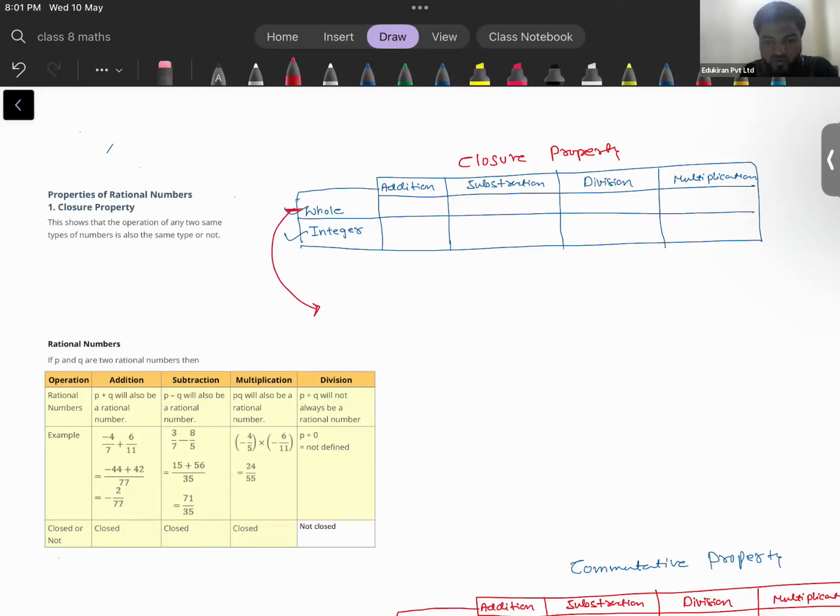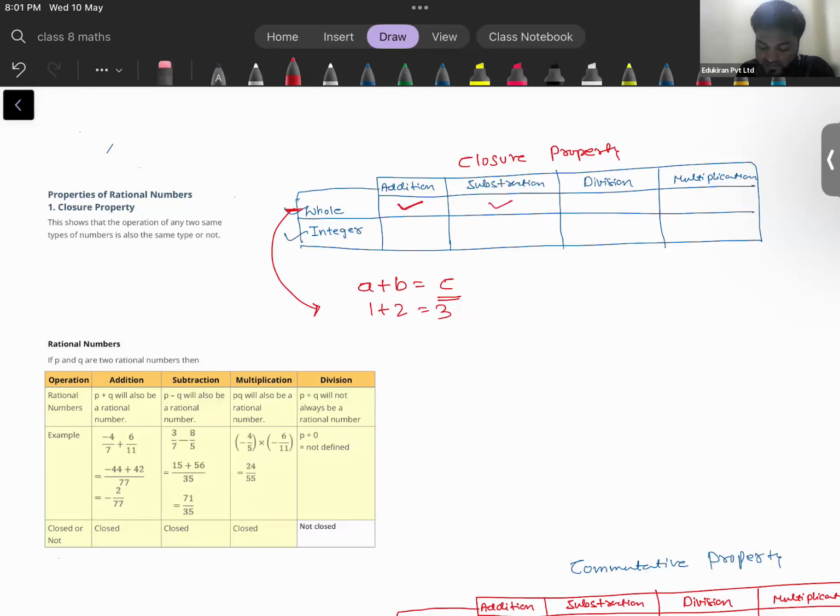If I am provided with two whole numbers, let's say A and B, and A plus B is equal to C and C is also a whole number, then I say addition is following the closure property. So 1 plus 2 equals 3, which is also a whole number. So for addition, closure property is applicable.